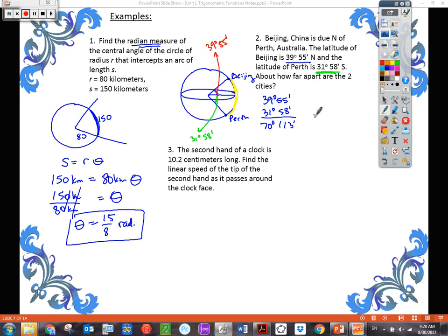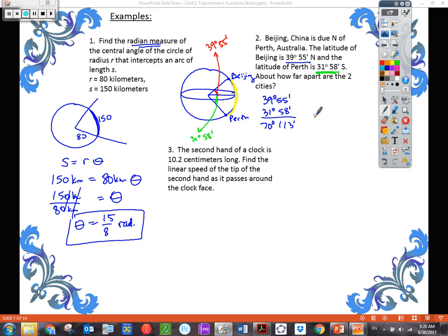I'm kind of glad it came out this way because if our answer was this degree measure, it wouldn't be in proper form, right? Because we know we have 60 minutes that we could turn into a degree, don't we? We don't have 120 minutes, but we do have 60 minutes that we could turn into a degree. So I'm going to rewrite this in a simplified form.